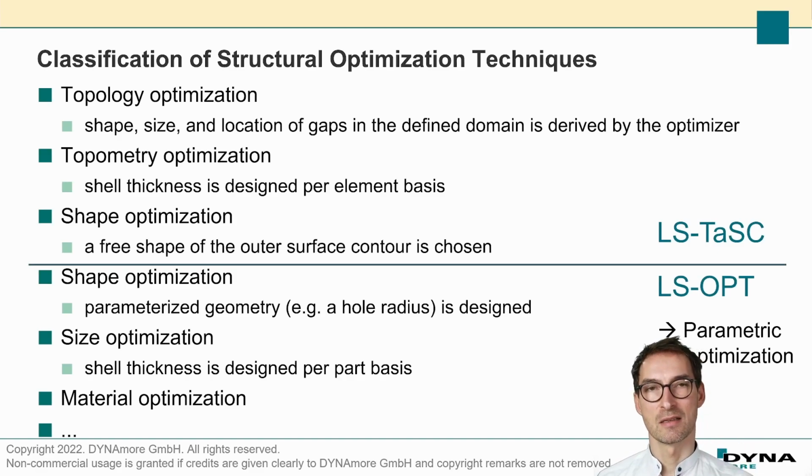So LS-TaSC is a topology optimizer. You can identify where material is needed and where no material is needed, and LS-OPT is a parameter optimizer, so it's optimizing based on a parameter input. I think it becomes clearer when we move on to the examples.